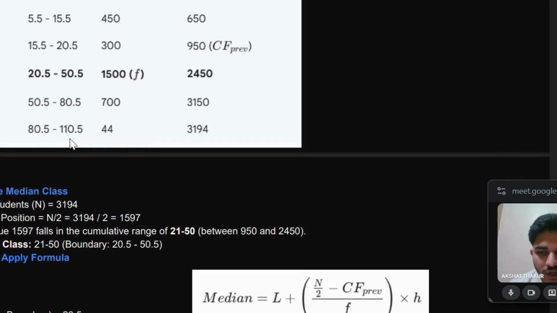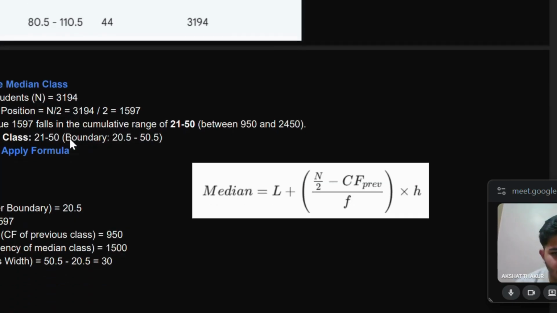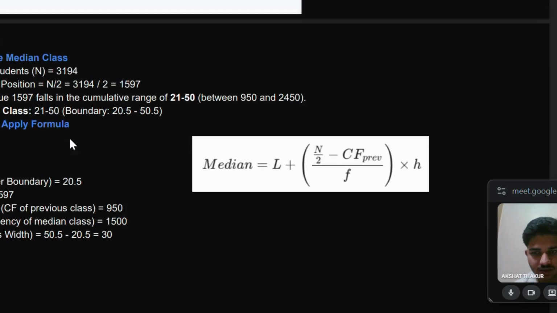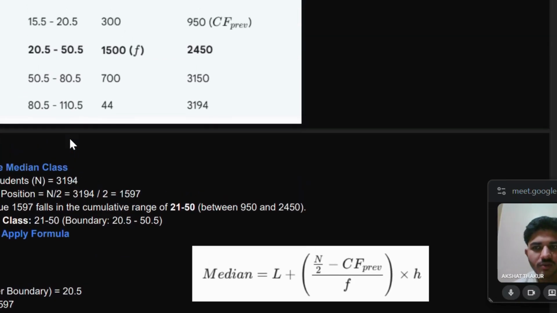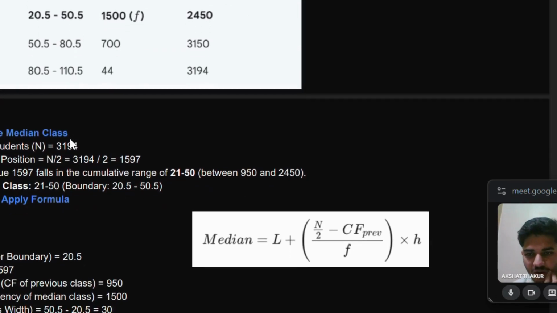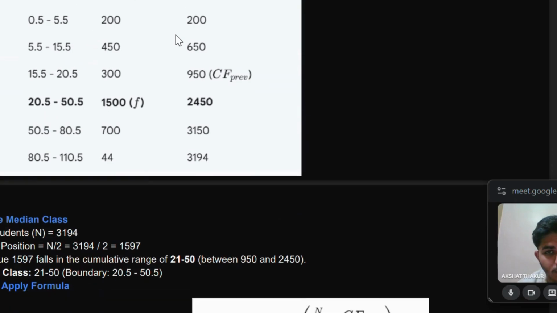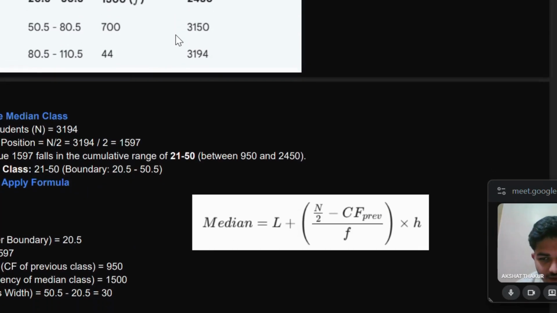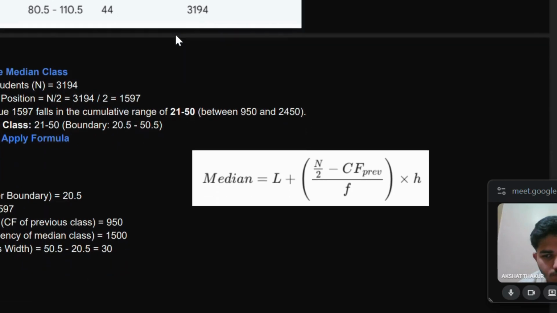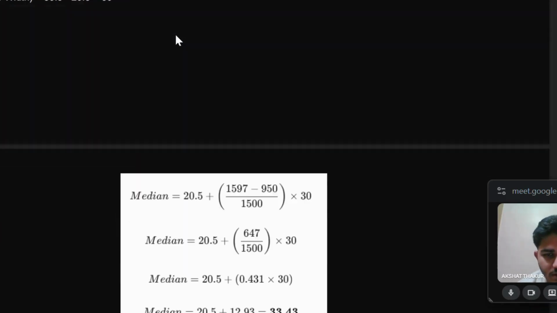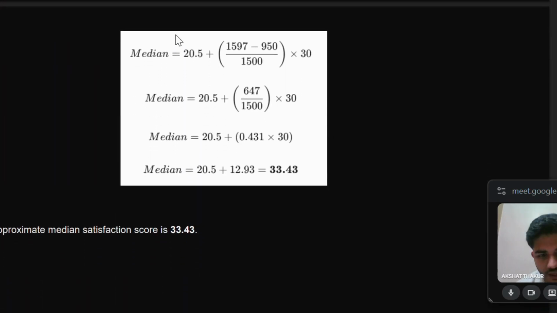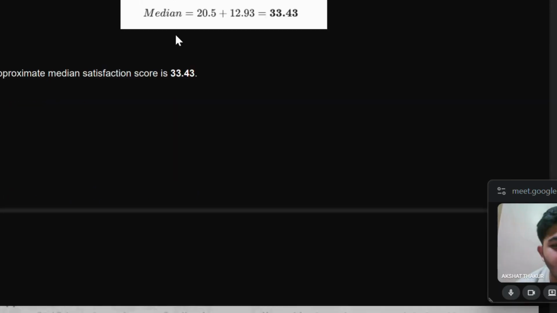So our median class will be between 21 and 50. We'll apply the formula. What did n come out as? 3194. L is the lower boundary, which is 20.5 as you can see above. Okay, then the cumulative frequency of the class above it, that is 950. Then the frequency will be 1500, and h, the height, is 30, so we will calculate the median, which will be 33.43. So in this way we'll solve this question, a kind of easy question.